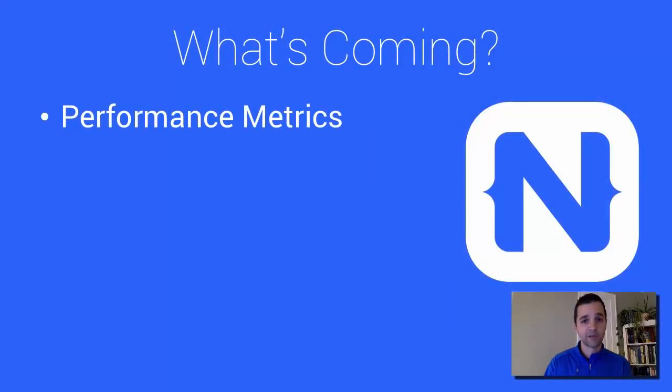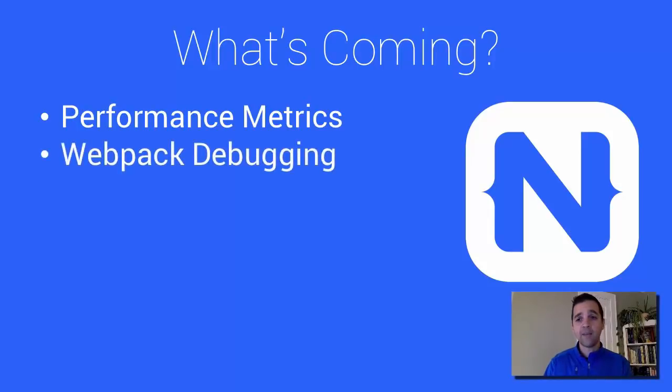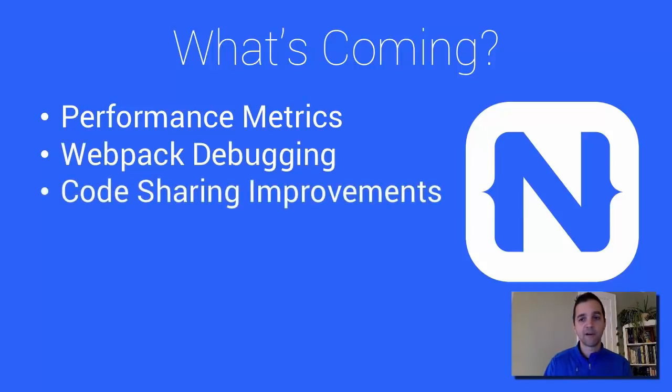First up is performance metrics. Now, you already know we have a laser focus on performance, so it's time we proved it to you. We'll be coming up with verifiable and repeatable metrics for NativeScript versus other frameworks like React Native and traditional native iOS and Android apps. We're also working on making it easier for you to debug your apps that are using Webpack. And we'll be providing improvements for our code sharing strategies, some of which you heard of today.